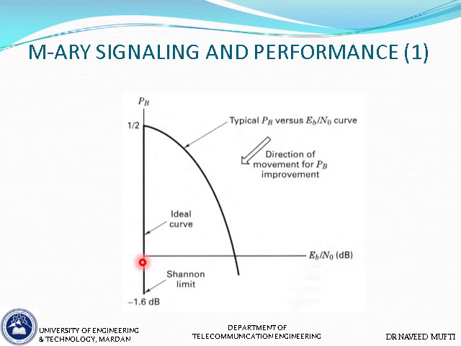Based on the derivation of Shannon's channel capacity theorem, we reached this value of minus 1.6 dB. So we can describe the ideal curve in this figure as follows: for all values of Eb/N0 above the Shannon limit of minus 1.6 dB, PB is 0. Once Eb/N0 is reduced below the Shannon limit, PB degrades to the worst value of 1/2.